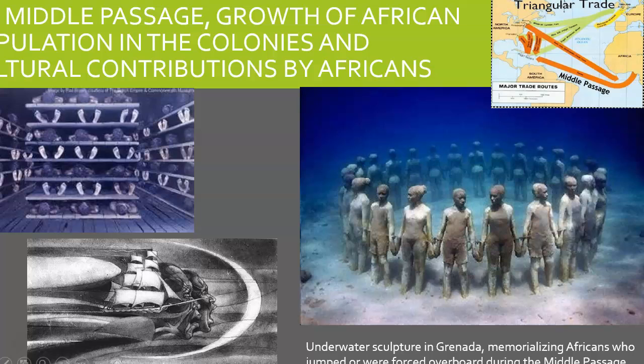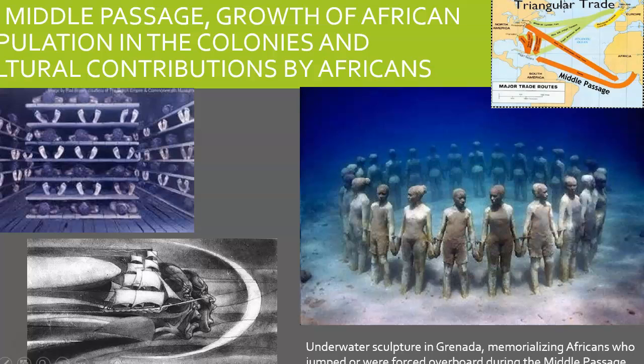And then the one on the right is actually an underwater sculpture around the country of Grenada that memorializes the African slaves who jumped or were forced overboard during the Middle Passage.